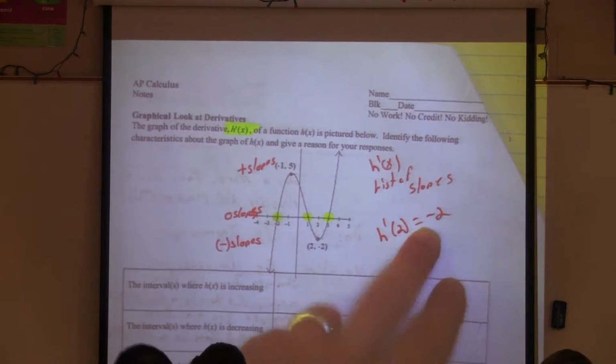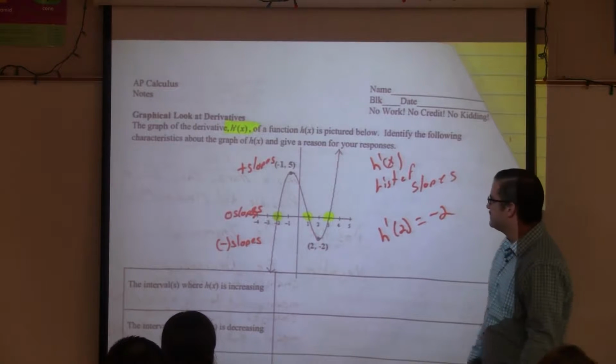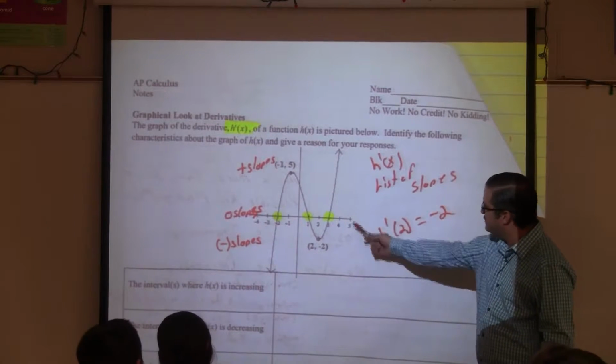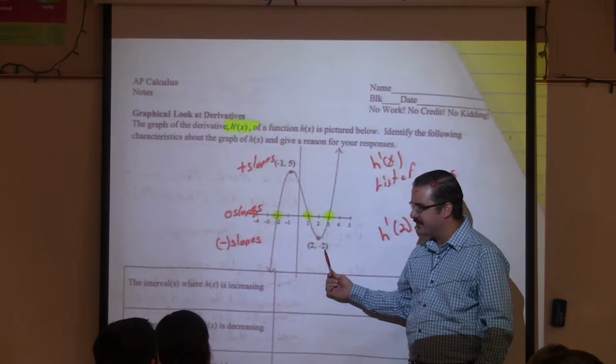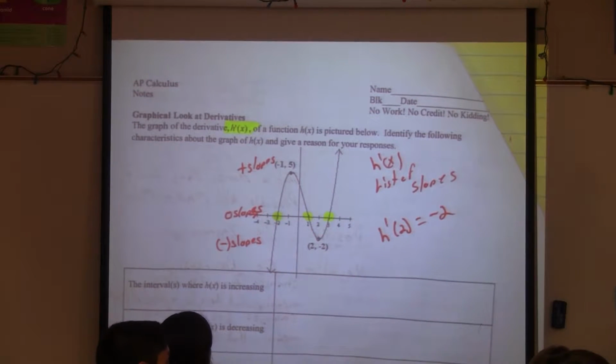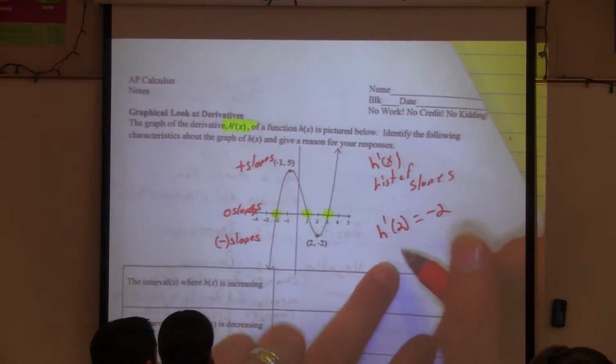Very good. How did you get that answer? It's a list of slopes. So you went to 2 on the h prime graph, which is this one, right? And then you found the y, which was -2. So what would this mean in English to somebody reading it? What could we say?